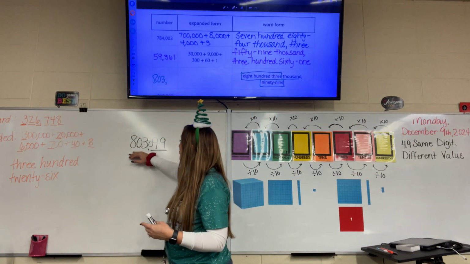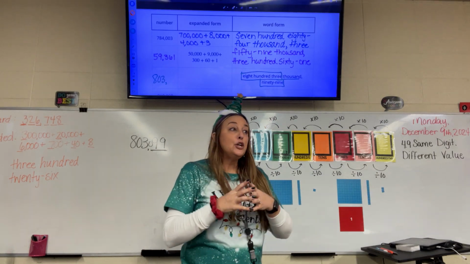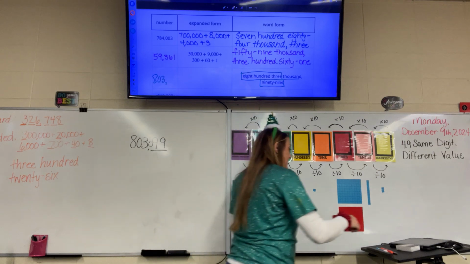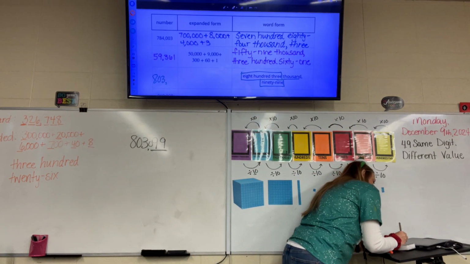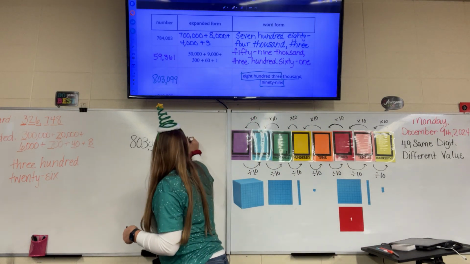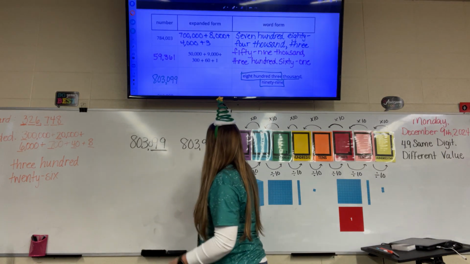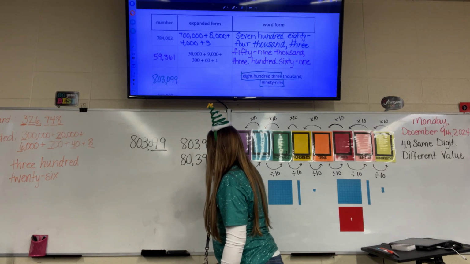So we have 803,000. Then we have to write 99 using 3 number spaces. So that means we write a 0 in front of it. This is something that a lot of students have struggled with in the past. They would either write it like this, or like this, or like this.